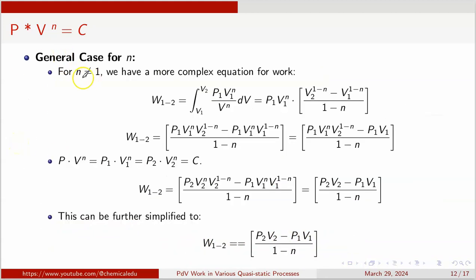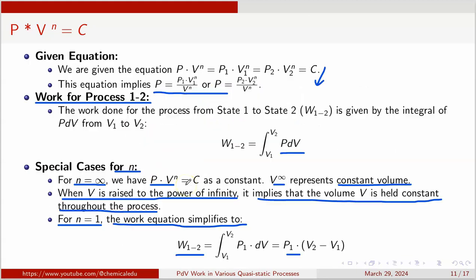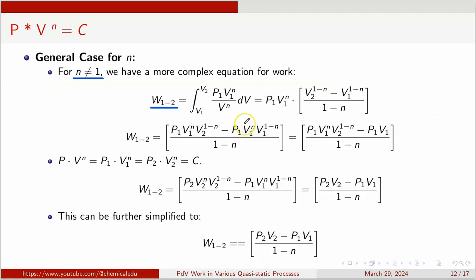Now if n is not equal to 1, then we can write W12 is equal to the integration from V1 to V2 of P1 V1 to the power n by V to the power n dV. We know that here we have P dV, so we can replace P with P1 V1 to the power n by V to the power n. Now if I do the integration, we will get V2 to the power 1 minus n minus V1 to the power 1 minus n, times P1 V1 to the power n, times 1 by 1 minus n.